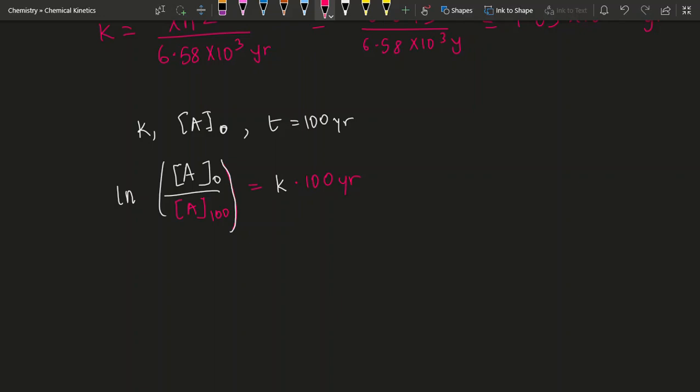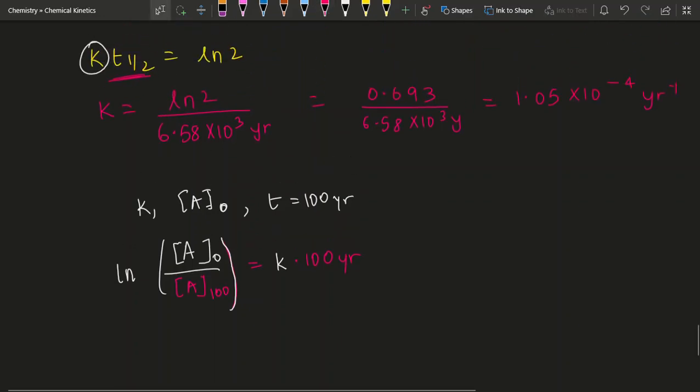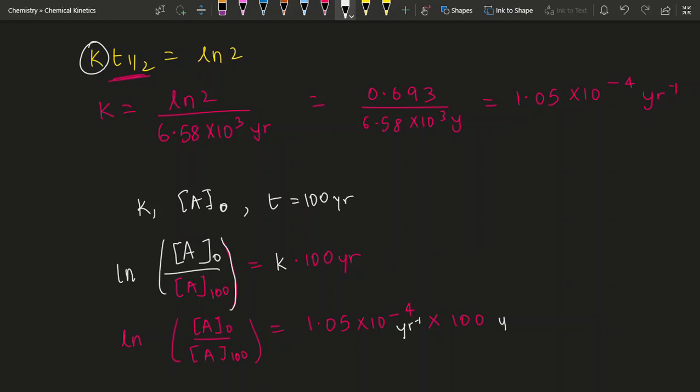And if you plug in the expression for k, you have the natural log of a naught over a at 100 years is equal to 1.05 times 10 to the power negative 4 times 100. And since this unit was in years inverse and this was in years, they both cancel out.